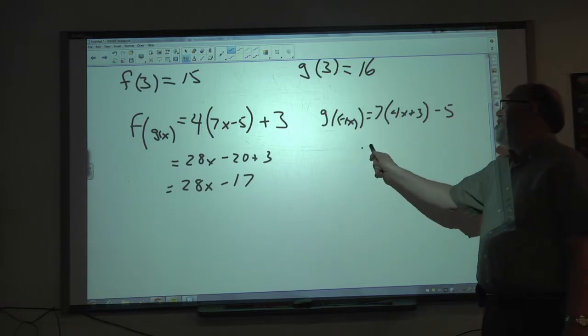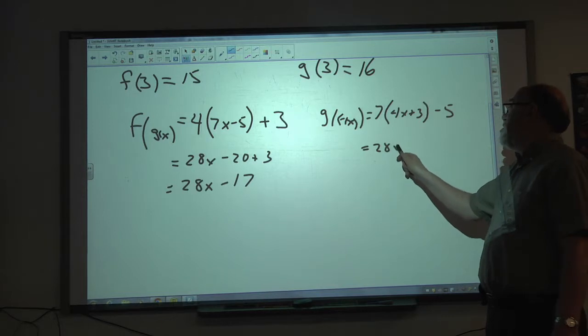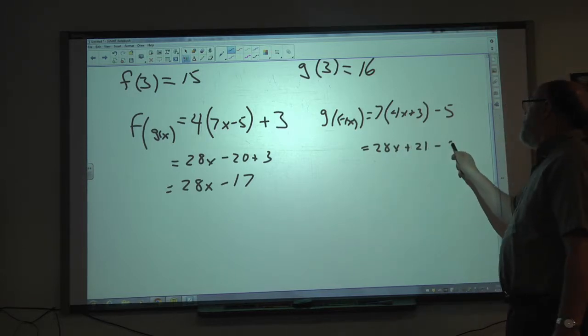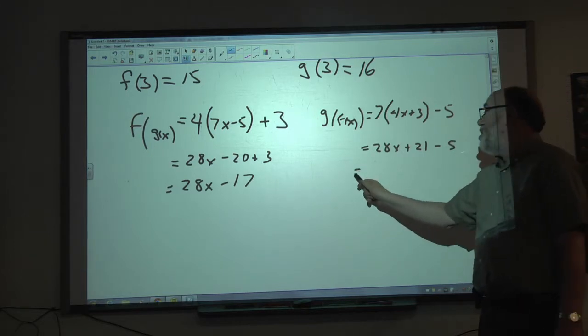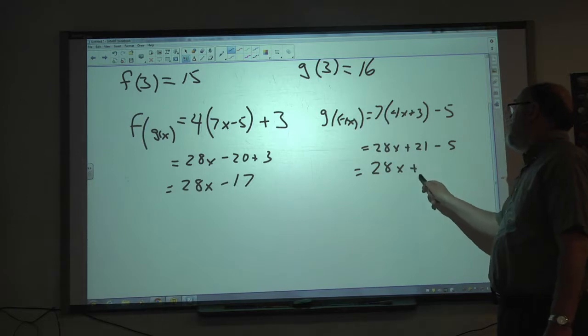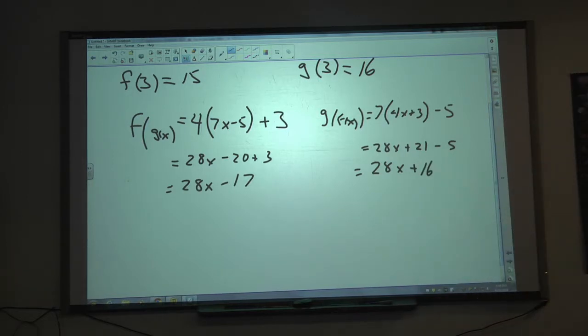This will give us 28x plus 21 minus 5, and so this will give us 28x plus 16.